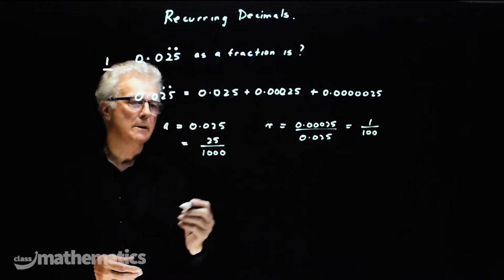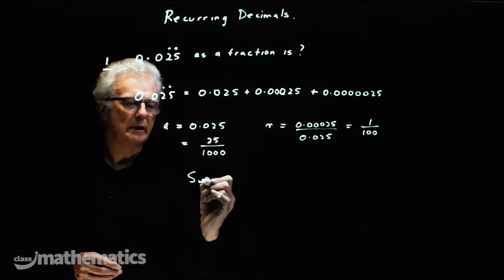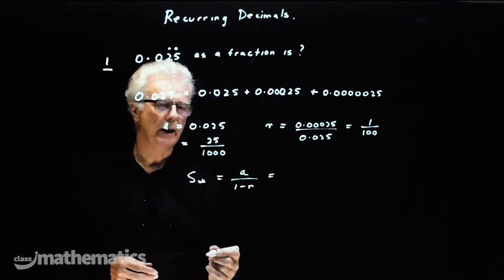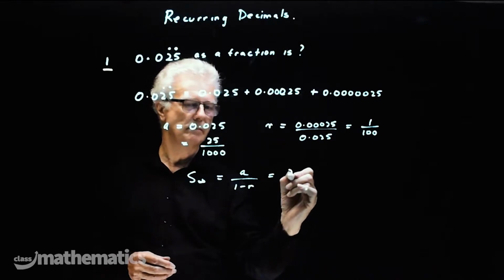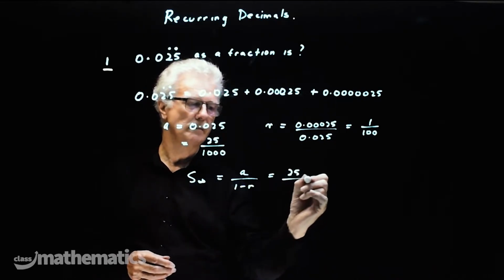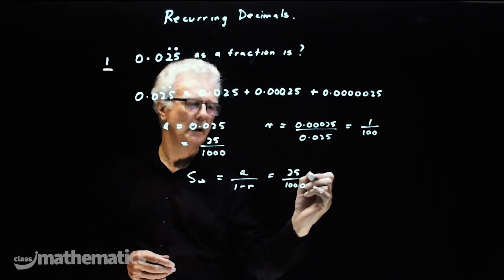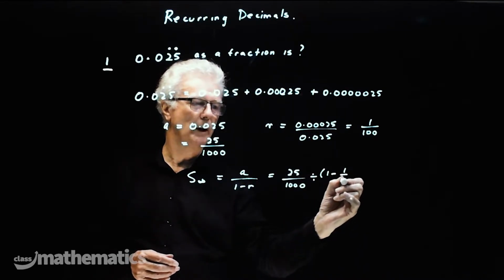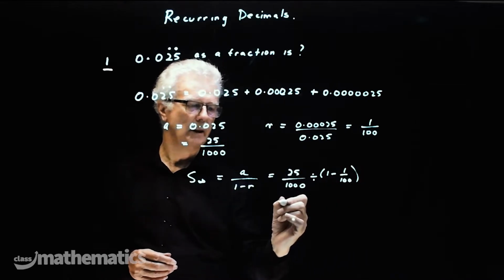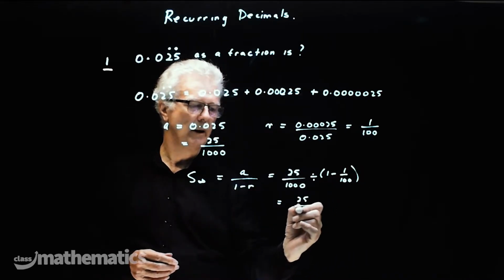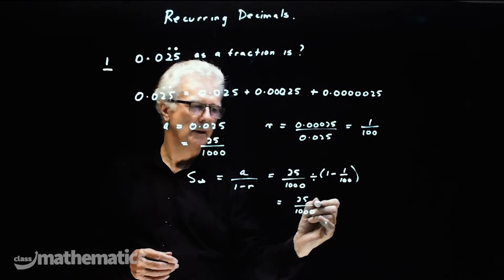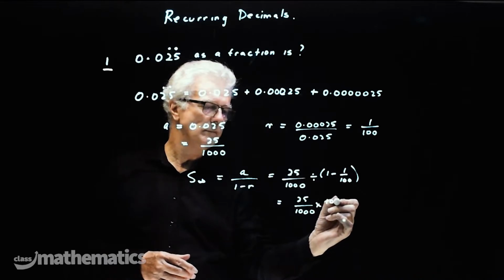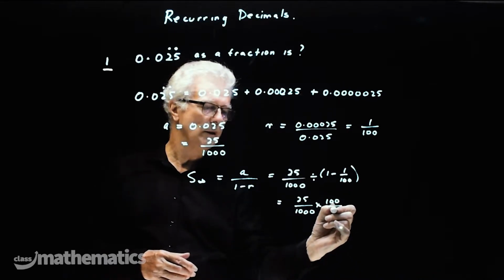Okay, so now the limiting sum, as you know, is A over 1 minus R, and our A is this 25 over 1,000, divided by 1 minus 1 over 100. And that becomes 25 over 1,000 times, now this will be invert and multiply, 100 over 99.